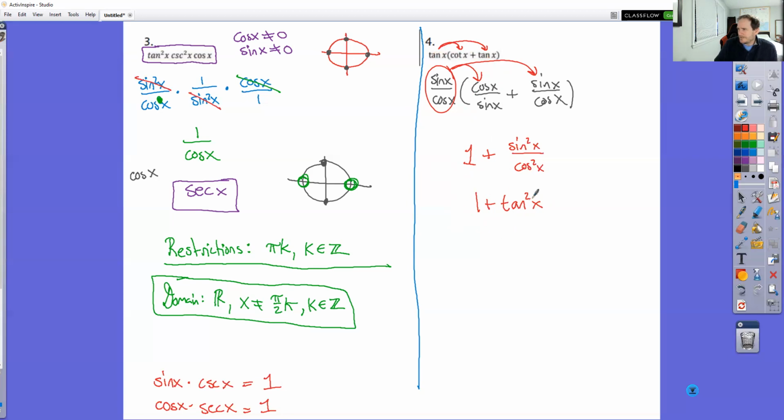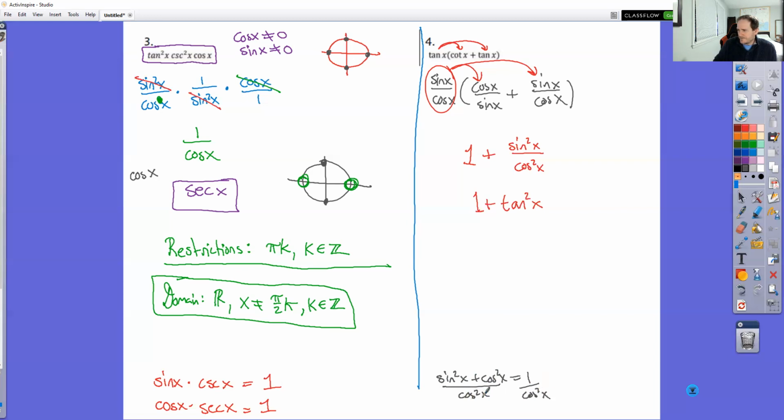I see a 1 and I see a trig function that's being squared. That's got me thinking Pythagorean identity. If I don't have it memorized yet, then maybe off to the side, I'm thinking, all right, sine squared plus cosine squared equals 1. I've got a tangent here, tangent is sine over cosine. So to get tangent worked into this equation, I've got to be dividing by cosine squared.